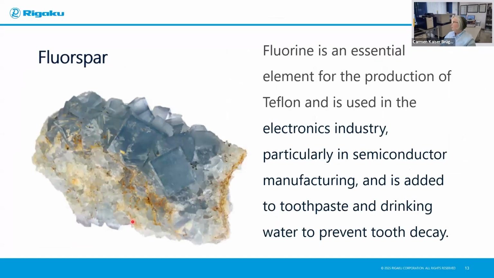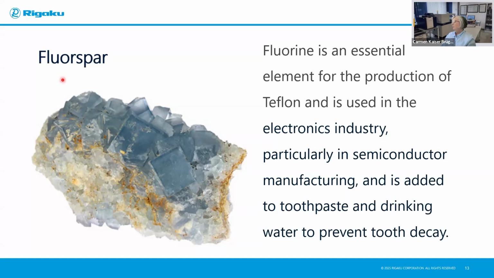Yes. Okay, so if we look at the mineral fluorspar, it contains a lot of fluorine, of course, and fluorine is an essential element for example, for the production of Teflon. And it is also used in the electronics industry, particularly in semiconductor manufacturing.